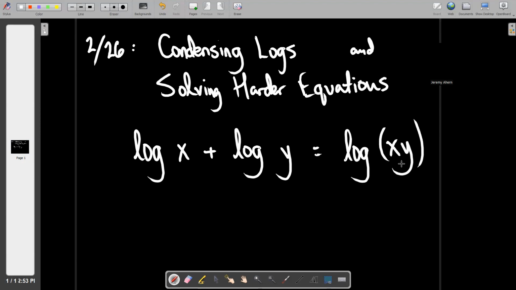Yes, if you have two logarithms with an addition sign in between them, provided that the logs have the same base, which these, of course, are both base 10, then you can condense them into one log. And notice that the argument of the log is a multiplication problem that was created by multiplying the individual arguments of the logs before we condensed.